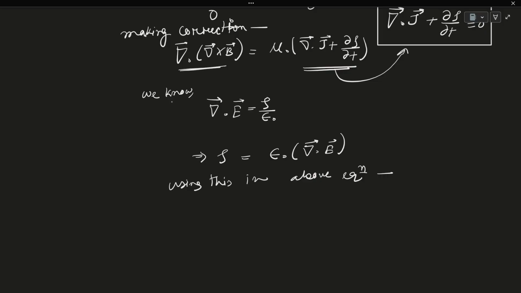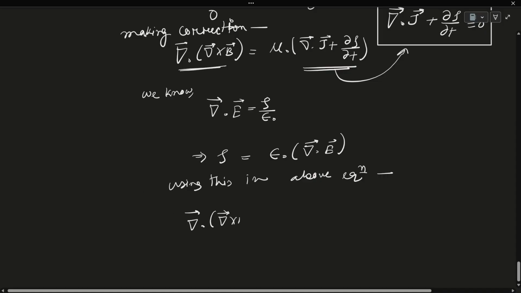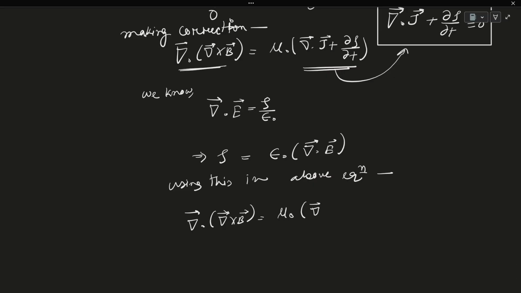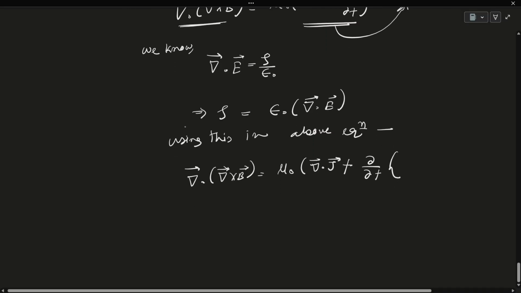The left term will be the same, del cross B equals mu naught, divergence of J plus del t of, let me use a bracket here.